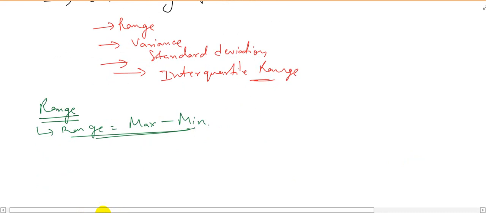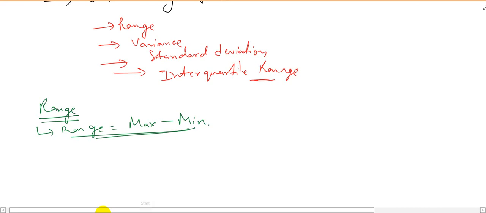But again you should keep in mind that outliers, if they are present, would be either the maximum or the minimum. They are responsible for making something a maximum point, or they themselves will be the maximum or minimum point.